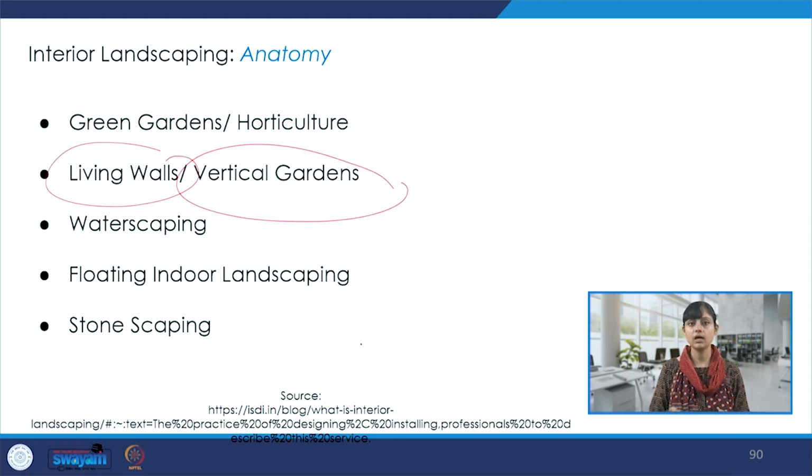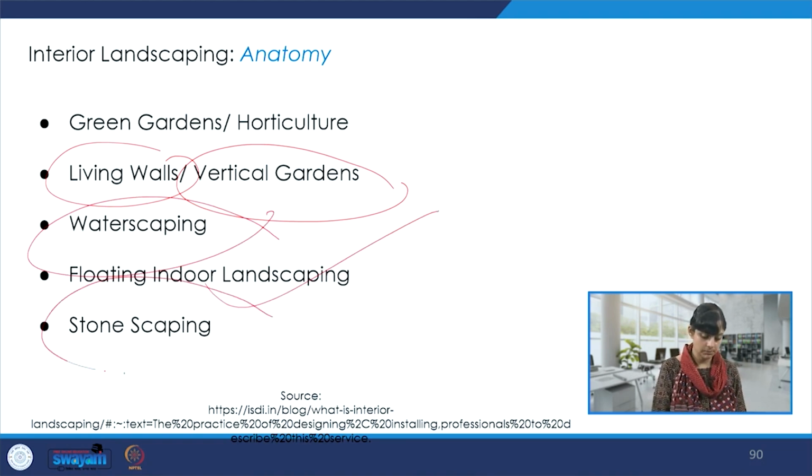It could be green gardens or horticulture. There could be waterscaping, floating indoor landscaping, stonescaping. So we see lots of airports and new projects which are of huge scale, where we see lots of interior landscaping that is quite in vogue these days and much appreciated, also for promoting indoor environment quality and for the wellness of the people who are using it.